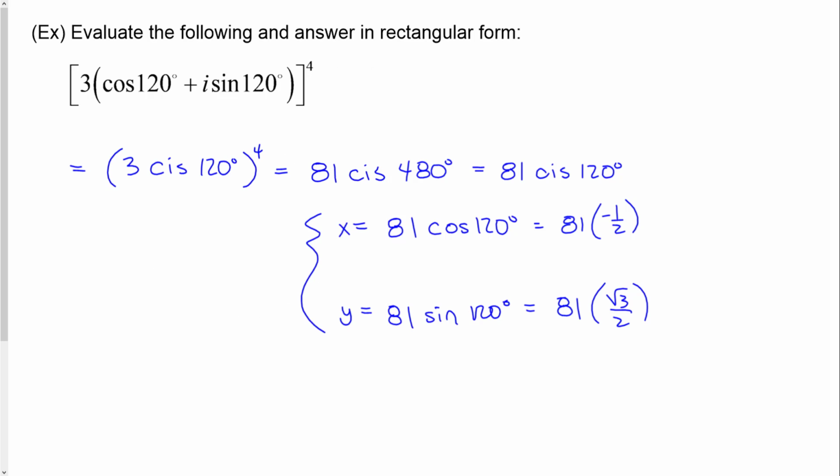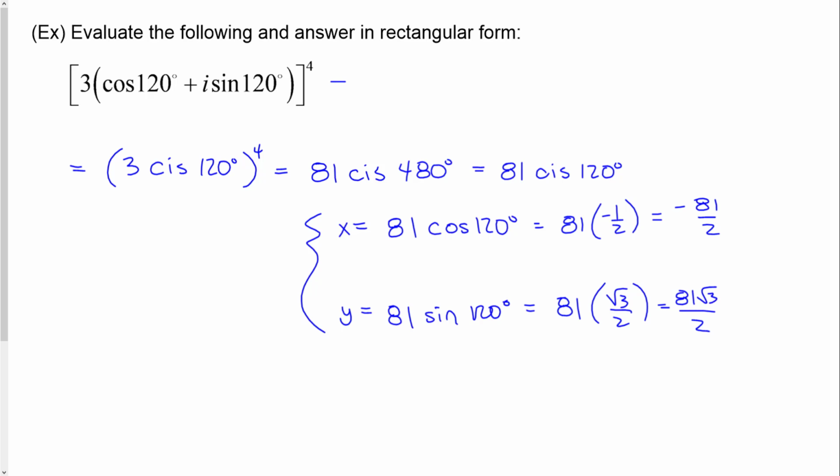So that gives me negative 81 halves and 81 root 3 over 2.